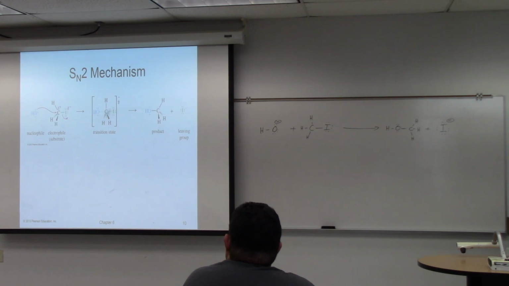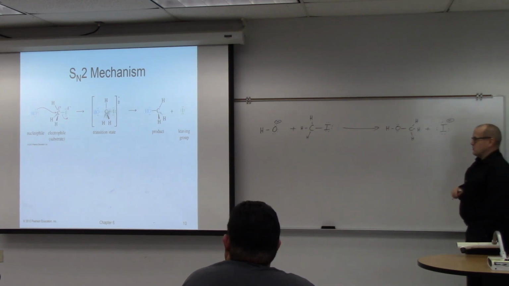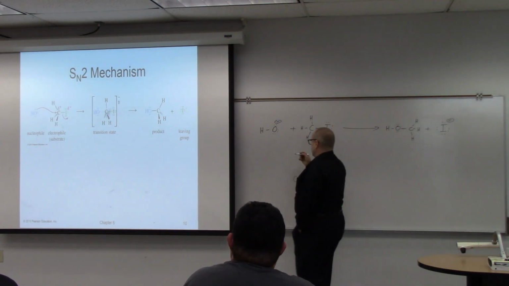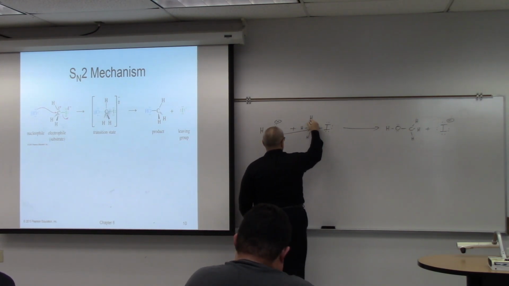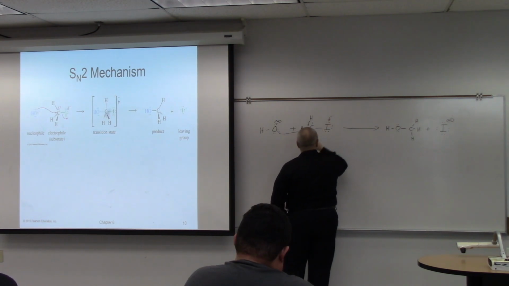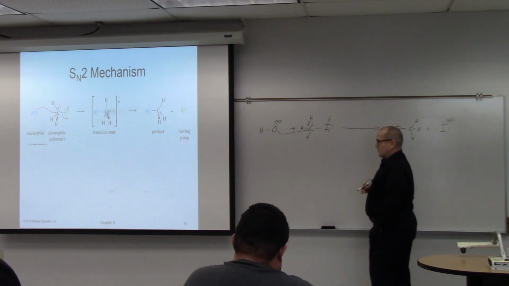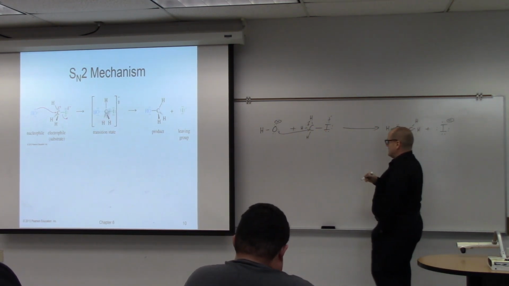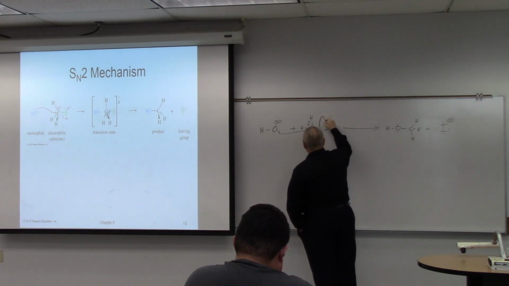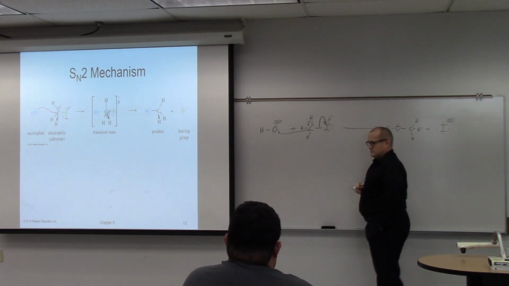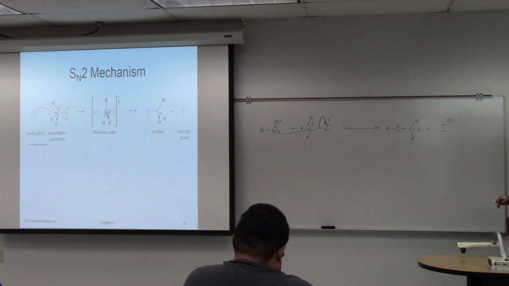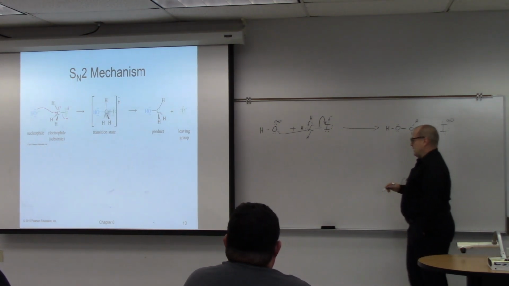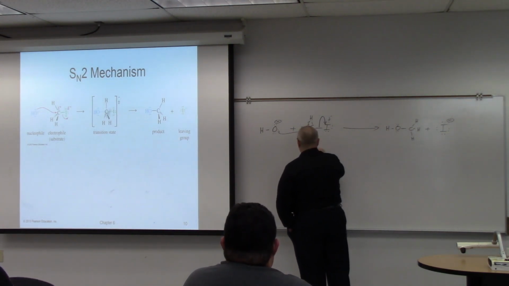Now, this is the mechanism of an SN2 reaction. The hydroxide will attack the carbon because the carbon is delta positive. The iodine is delta negative. Is that okay? When it does that, the bond to iodine must break. Has to. Must break. Now, it's going to go through a transition state that looks kind of like this.